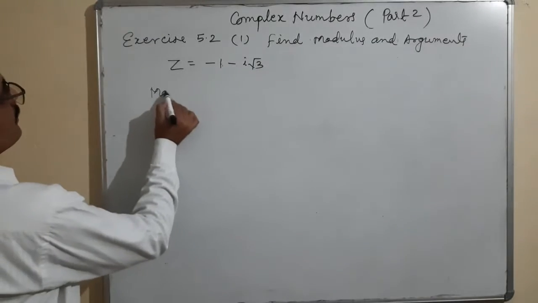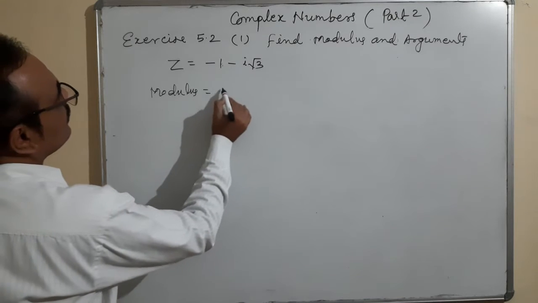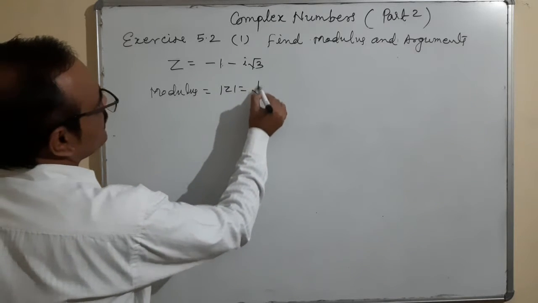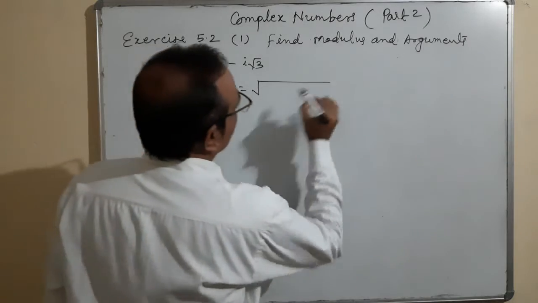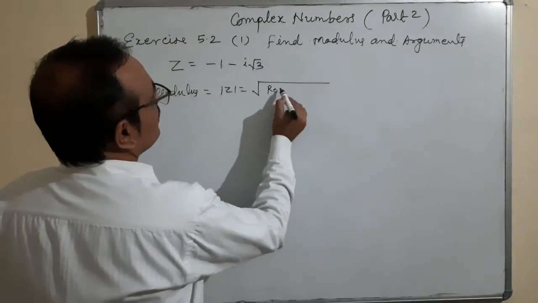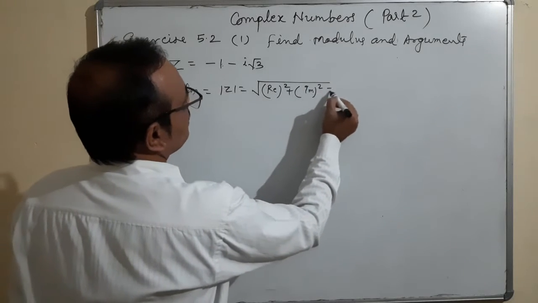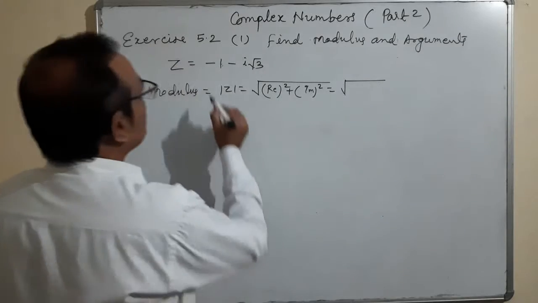Modulus. Mod z. What is it? Direct formula: square root of square of real part plus square of imaginary part. What is the square of real part?